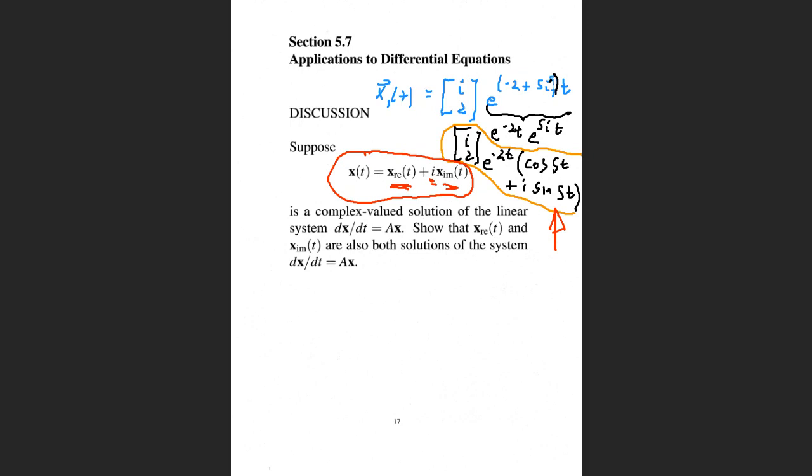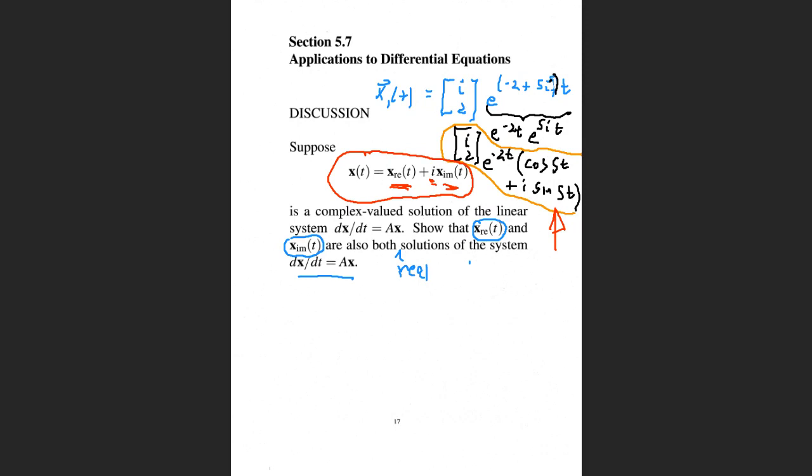It turns out, when you write your complex solution that way, the x real vector and the x imaginary vector are both solutions, and I should say they're both real solutions of our system of differential equations. And you should know why that's true.